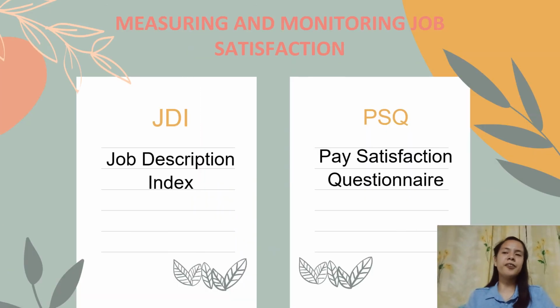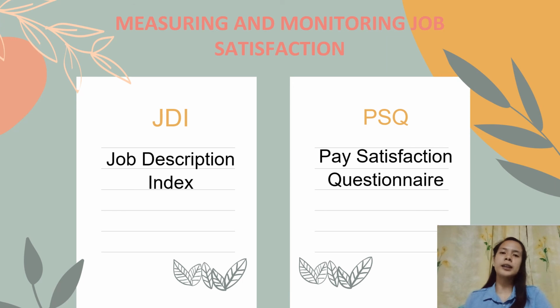If the business wishes to assess or measure the satisfaction level of its employees, they may consider using the following scales. Number 1 is the JDI or the Job Descriptive Index. It emphasizes various facets of satisfaction, including pay, the work itself, supervision, co-workers, and promotions.